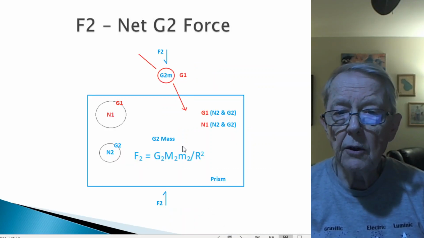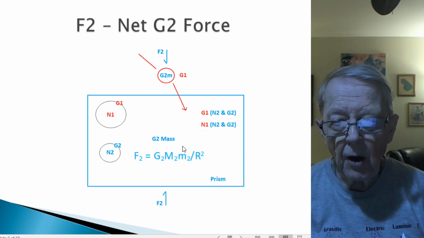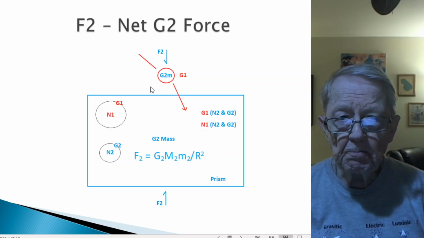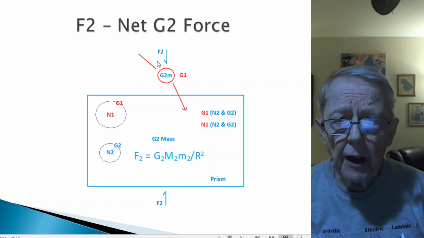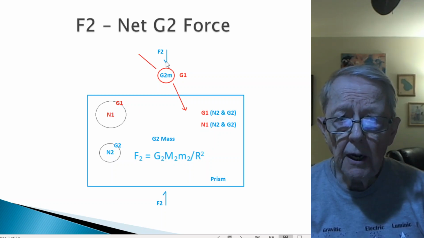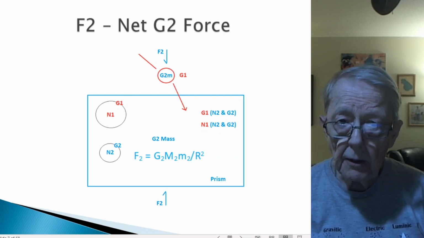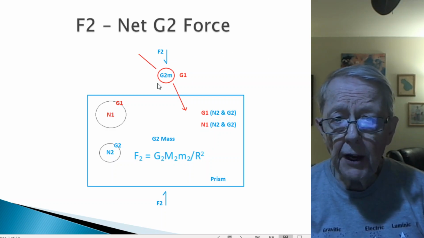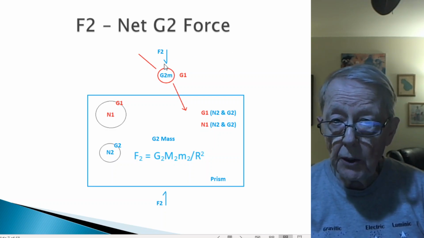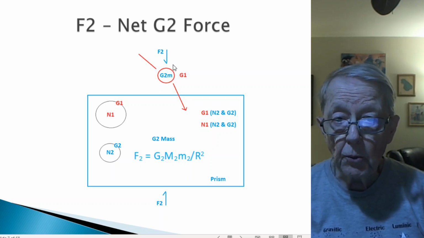Well, here's a much more detailed drawing. I'm trying to emphasize this point about the F2, the net force on the G1 particle as it approaches. You can think of this G1 particle as an apple. It's red.